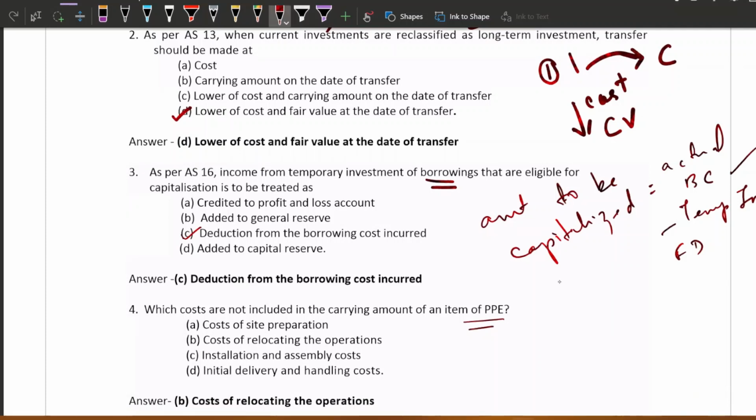Some of the items which you shouldn't include in the carrying amount of PPE are the cost of relocating the operations, initial losses when the asset operates at lower capacity, and administrative and general overheads.